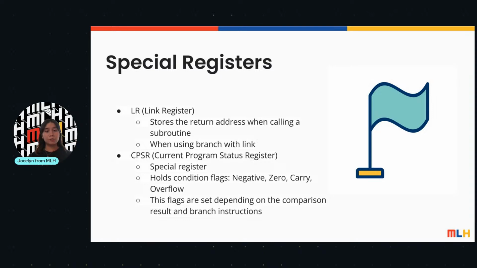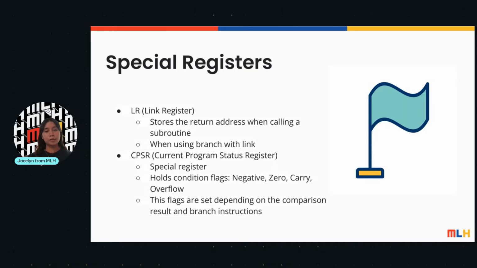The link register works the same, but it stores the return address when calling a subroutine or an external function, or when using a branch with link. We'll be learning more about what branches are in the upcoming content, but just know that the link register stores the return address when calling a subroutine, which also happens in Python as well.